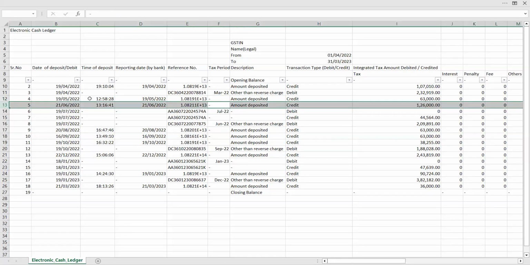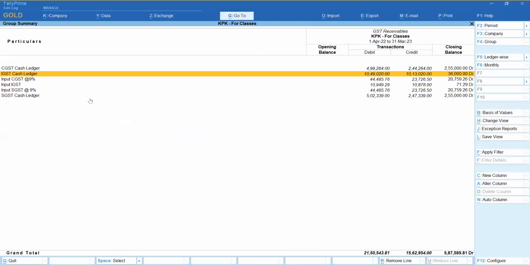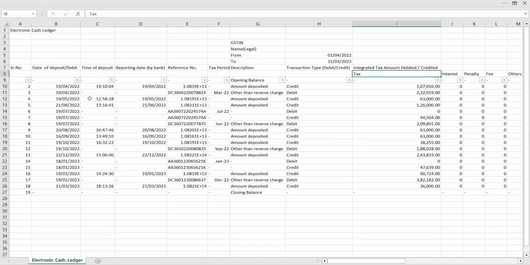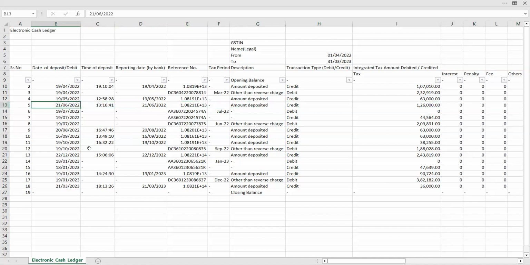You see, on 21st June there is a deposit of 1,26,000. This is in IGST. You see the column, this is IGST. There is a deposit of 1,26,000, and the date of transaction is 21st June.